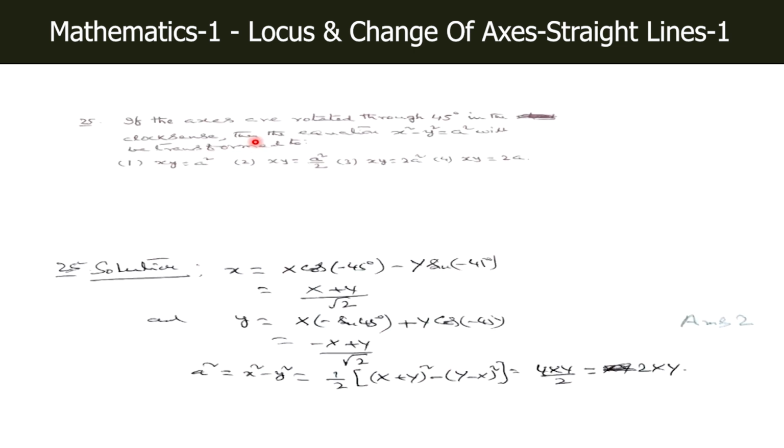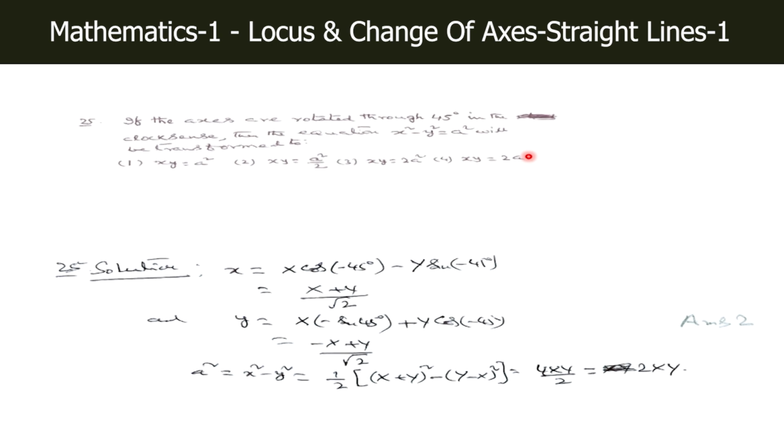Question number 25. If the axes are rotated through 45 degrees in the clock sense, then the equation x square minus y square equals a square will be transformed to xy is equal to a square, 2xy is equal to a square, 3xy is equal to a square, and xy is equal to 2a. So, here in the clock sense, when you rotate the axis in the clock sense, you have to replace theta with minus theta.